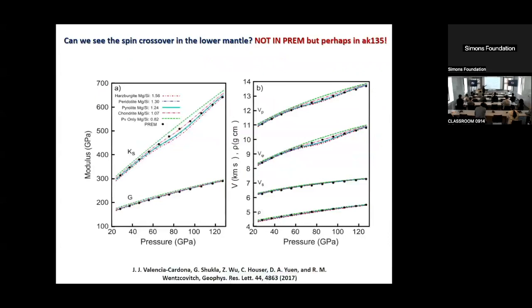I'm going to skip this. This is how different rocks would behave: if you have a homogeneous mantle with spherically symmetric velocities, you would see a bulge here, a softening of the bulk modulus in the mantle. We don't see that, but this is the range of elastic properties that we get from different kinds of rocks.